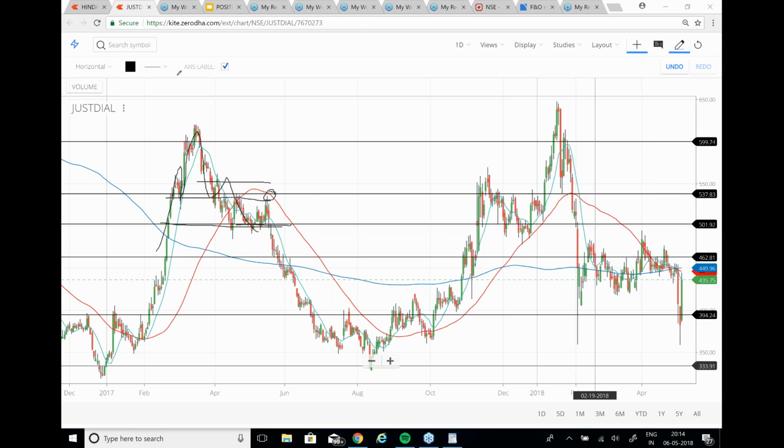Let me make it clearer for you. Erase. Let's first draw the head and shoulder. This is one shoulder, then head, and then the next shoulder. So whenever this barrier is broken, right, at this point you will have your entry.